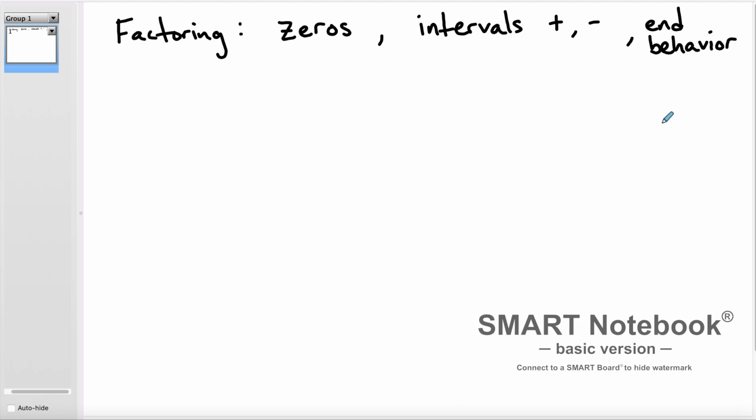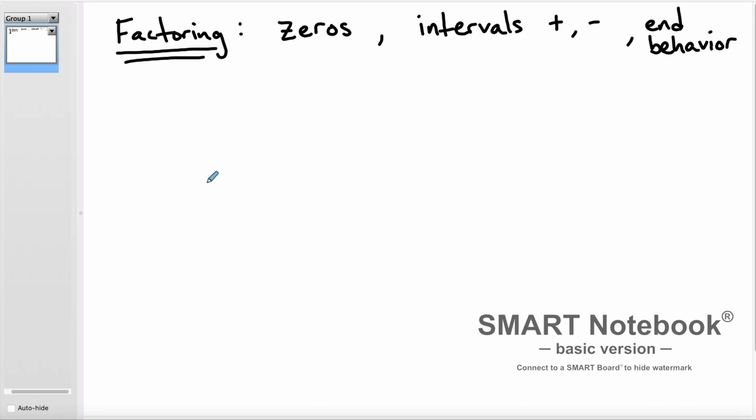Are we tending towards infinity, negative infinity? Is it asymptotic, right? Is there some boundary that this graph continues getting closer and closer to, but never reaching, right? So these three pieces of information are things that we are interested in while we are factoring, right?